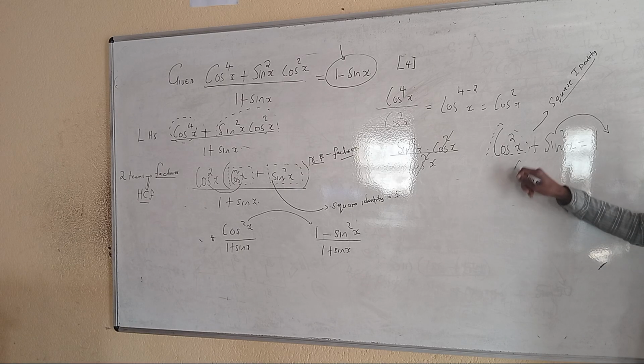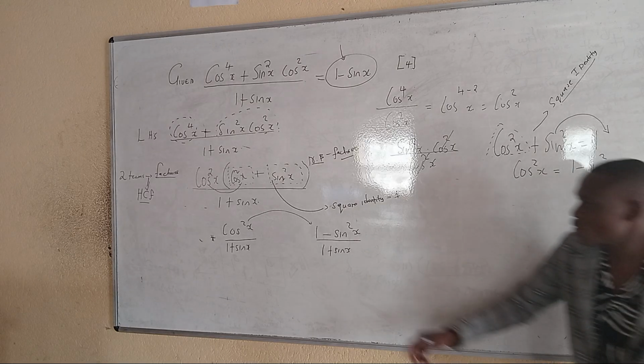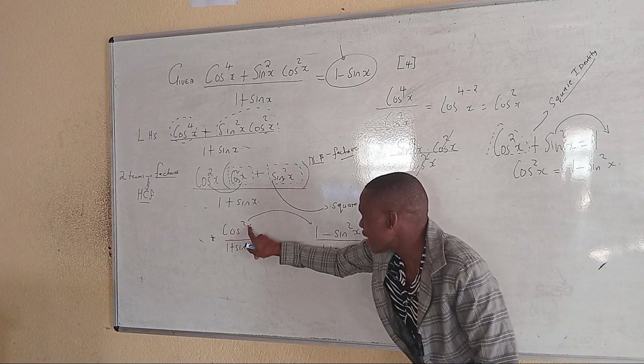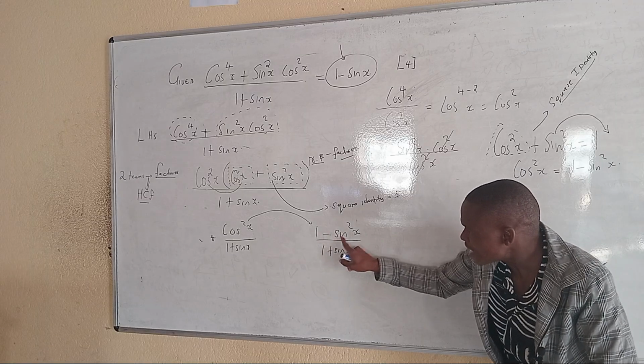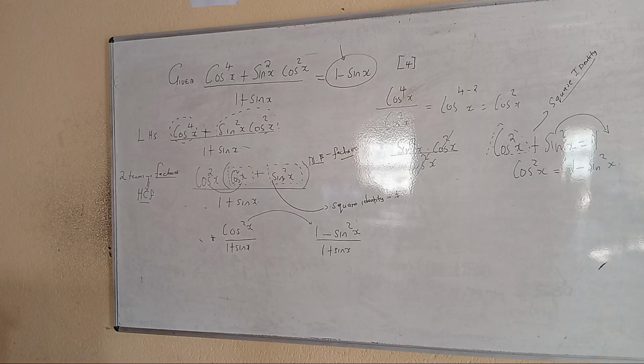Cos squared x will be equivalent to 1 minus sine squared x. So this idea that cos squared x is 1 minus sine squared x comes from what we call the square identity.